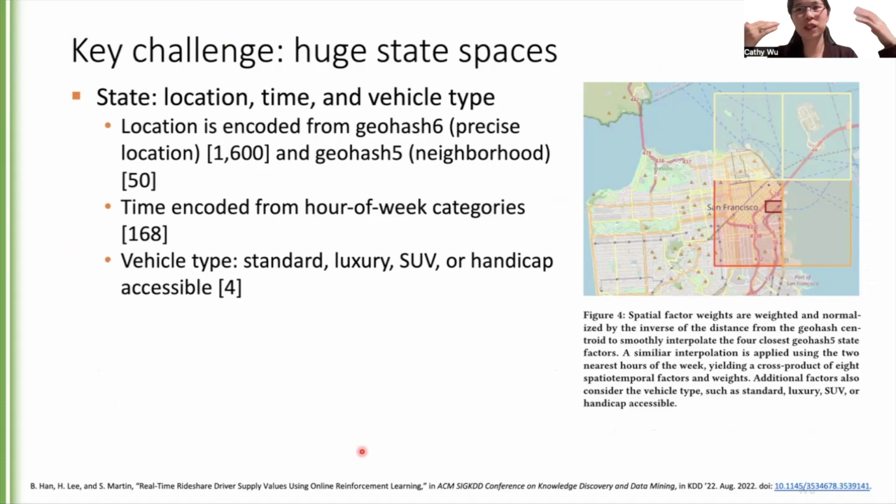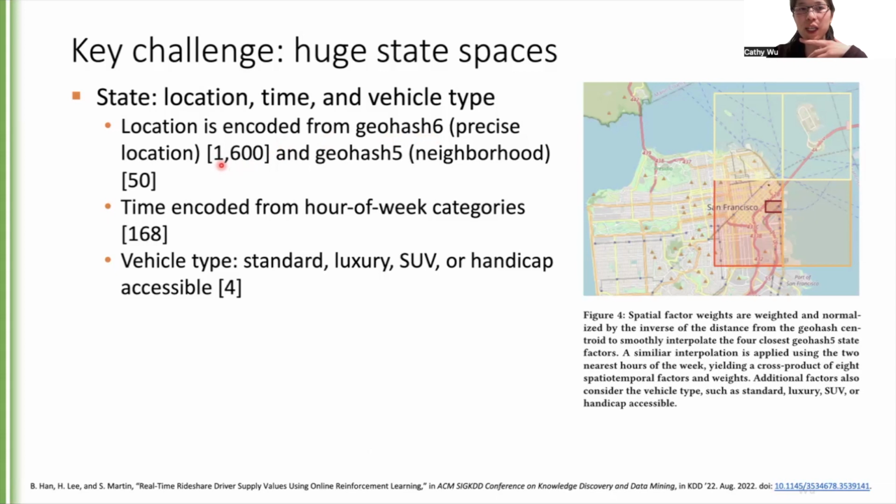In principle, basically every location, time, vehicle type combination is going to be unique for almost every ride, because say GPS locations are continuous. So what these folks do is they encode the location as discrete. They're binning these into categories using this geohash measure.